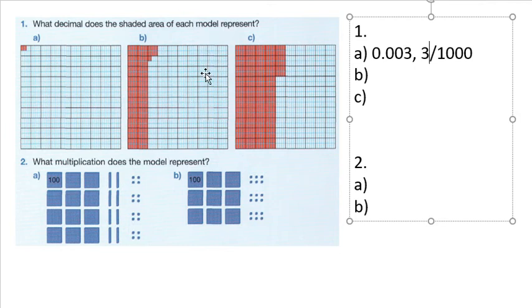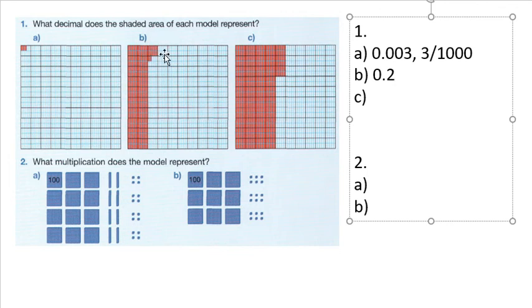So for B, if we say that the large square that I'm outlining now is a 1, then we can rewrite this one as 0 ones, and we have 2 big strips here, or 2 entire columns. That means 2/10ths right there.